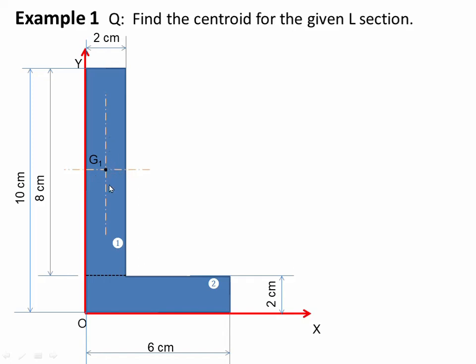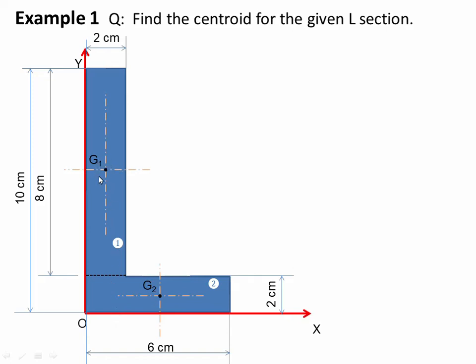These axes are called centroidal axes for the first one. Similarly, find the center point for the second rectangle and mark the centroidal axis. Now the fourth step is to calculate the distances for the points G1 and G2 from the reference axis along X and Y direction.